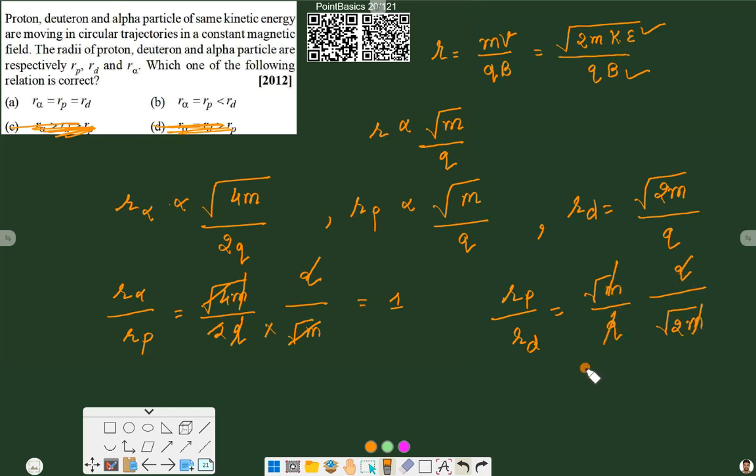Root m gets cancelled, so Rp by Rd is equal to 1 by root 2, or the radius of deuteron is root 2 times the radius of proton. So deuteron will have a larger radius as compared to the proton, and proton's radius is equal to alpha particle. So yes, option B: deuteron has radius greater than proton and proton's radius is equal to alpha particle. Moving to the next one.